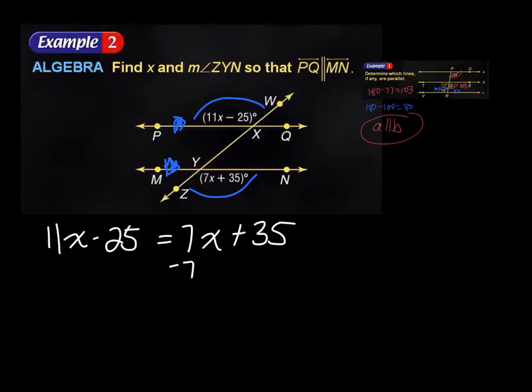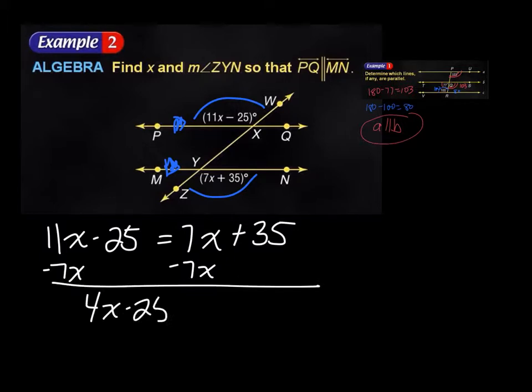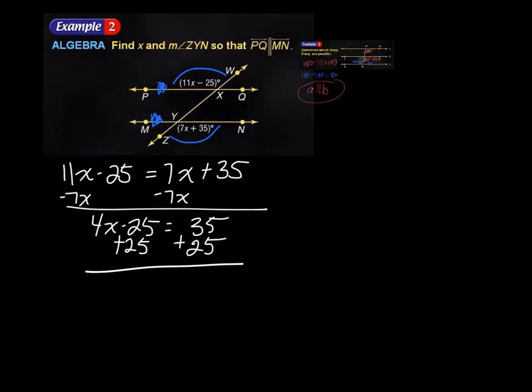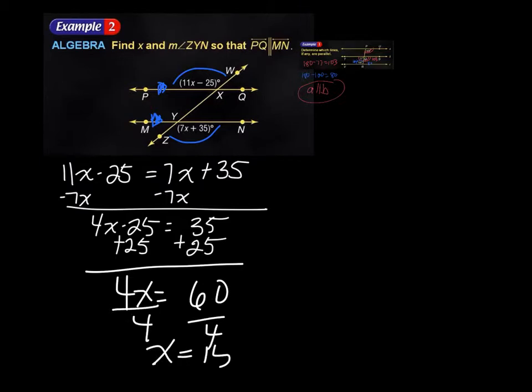Solve: we want to get x on one side, so subtract 7x from both sides. Add 25 to both sides. And we have 4x equals 60. Divide by 4, and x is 15.